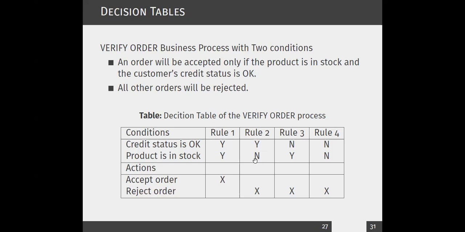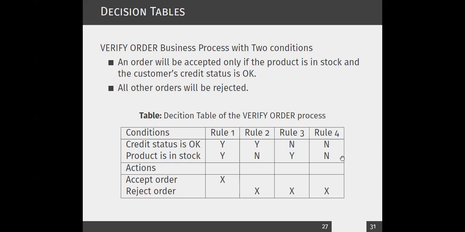Okay, look at rule number 2. What we say here is, okay, credit is okay, but we don't have the product with us. So we have to reject the order. Nothing wrong with the customer's credit, but we don't have the product in stock. Third rule, we have the product, but the customer credit is bad. Therefore, we have to reject it.